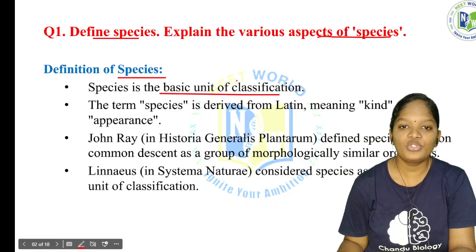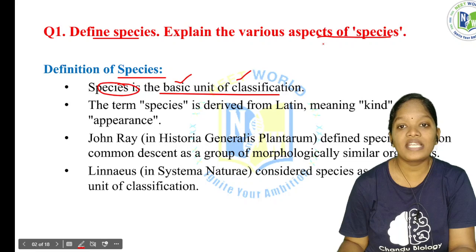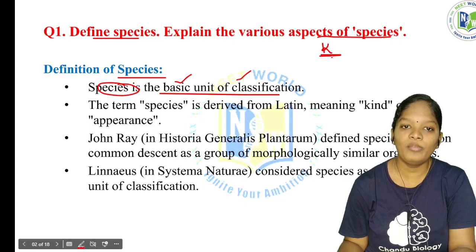Before that you should know what classification is and why we say that the species is considered a basic unit. In the taxonomical hierarchy, the top unit is the kingdom.